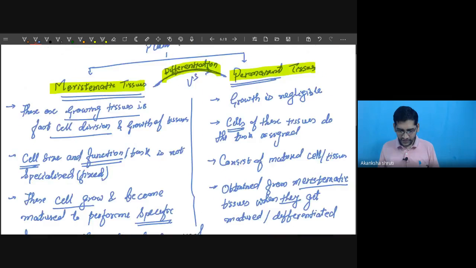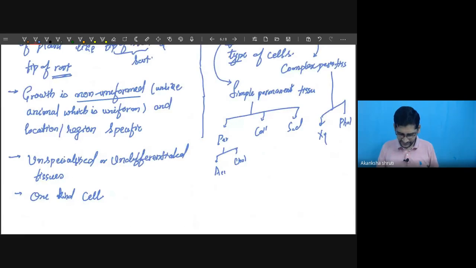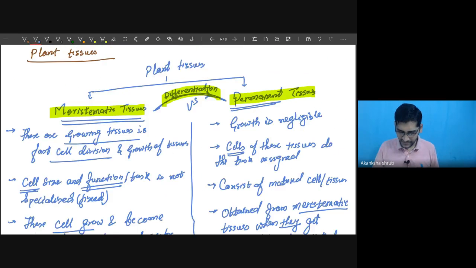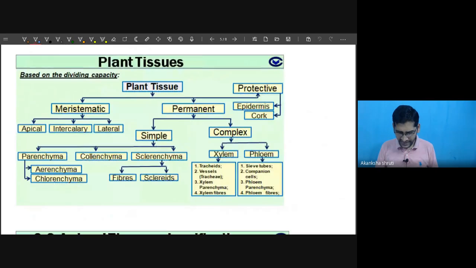Now let us go for the division of this. It may be of three types. One is called apical, another is called lateral, another is called, yes student, intercalary. We are going to learn about all these classifications one by one: apical, intercalary, lateral, then parenchyma, collenchyma, sclerenchyma, then aerenchyma, chlorenchyma, fiber, sclereid, then xylem, phloem.